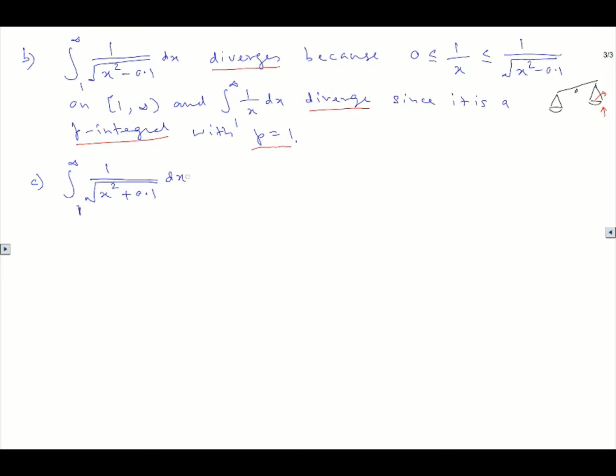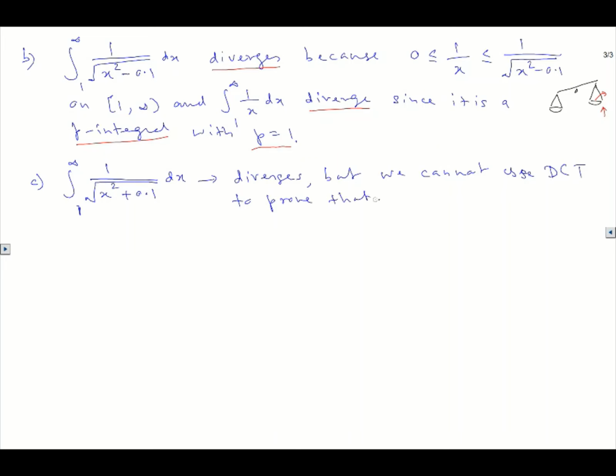Now, does it converge or diverge? You can see that this one actually diverges, but we cannot use the direct comparison test to prove that.